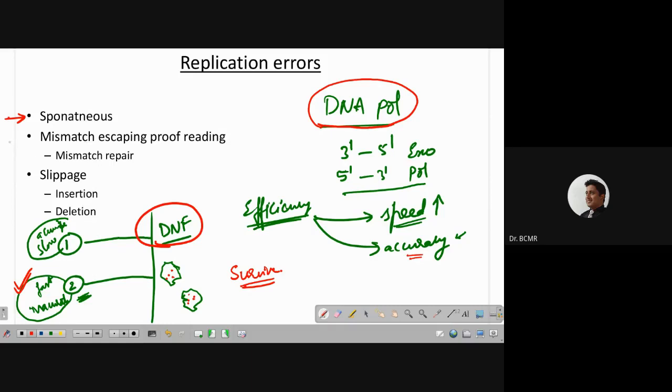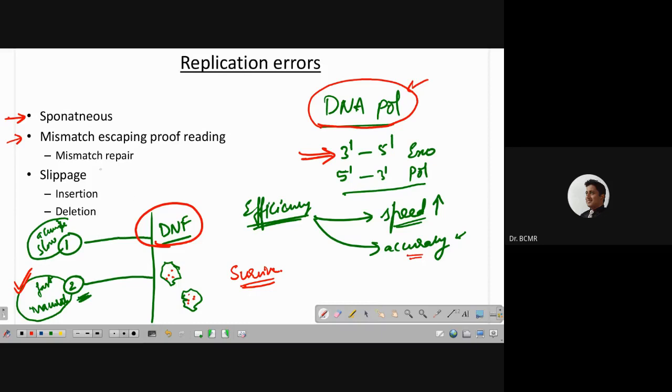When those mutations happen, bacteria have several proofreading and repair mechanisms to take care of the mistakes that DNA polymerase has made. It has the proofreading activity, 3' to 5' exonuclease activity. Despite that proofreading activity, there are some mutations that slip away from being cleaned up.